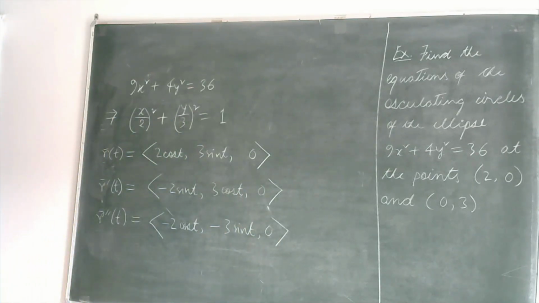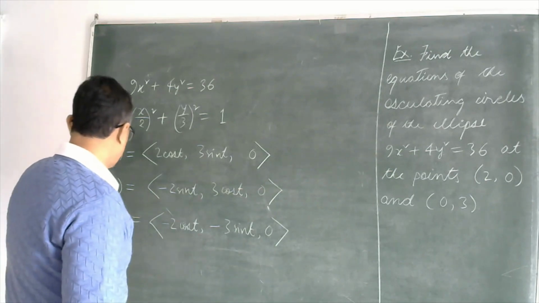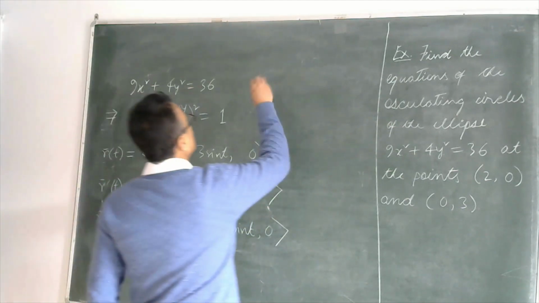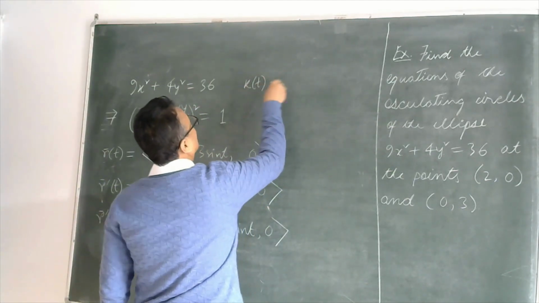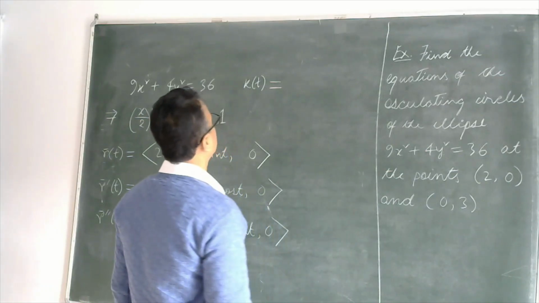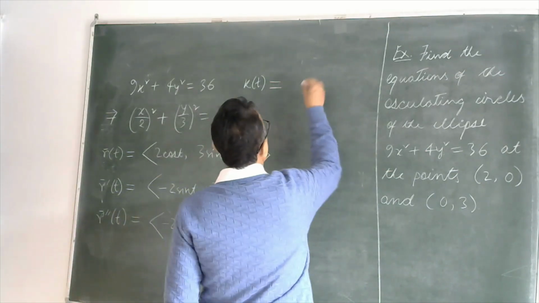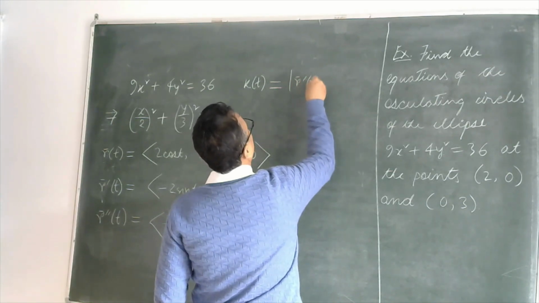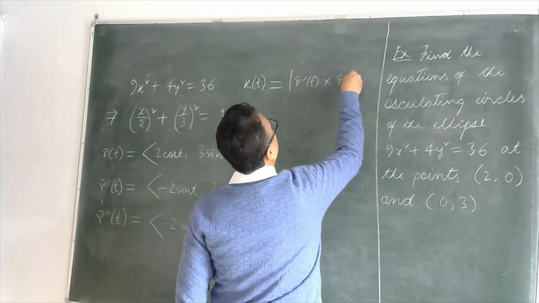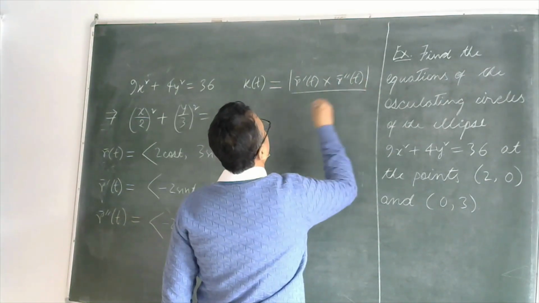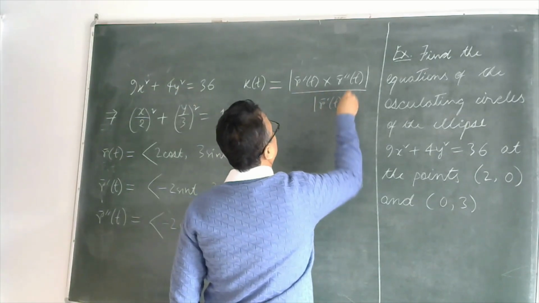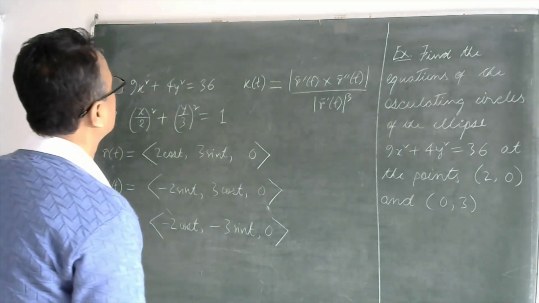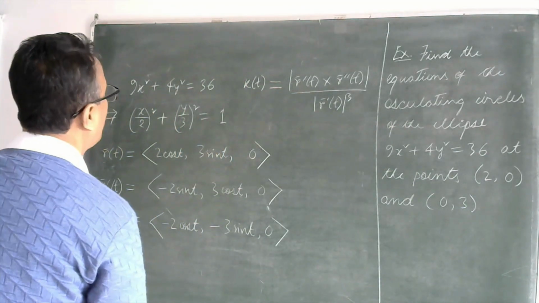Now you know that, in terms of the vector r of t, the radius of, not radius of curvature, sorry, the curvature is given by this formula. I think it was the magnitude of r prime t cross r double prime t divided by the magnitude of r prime t whole cube. Yes, I hope I'm correct here.